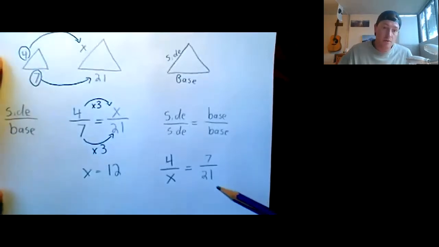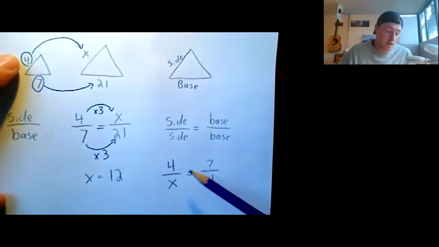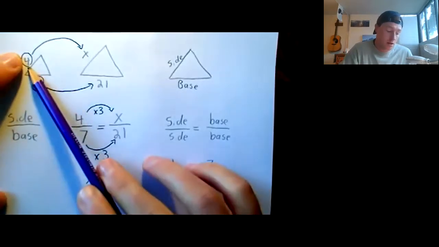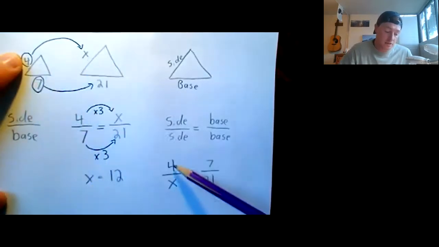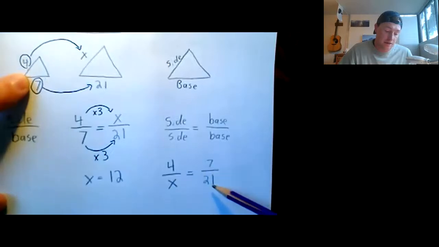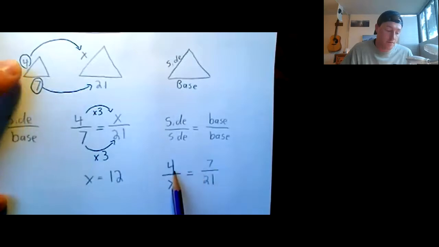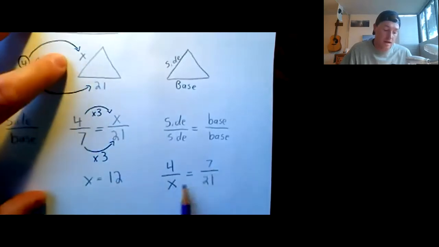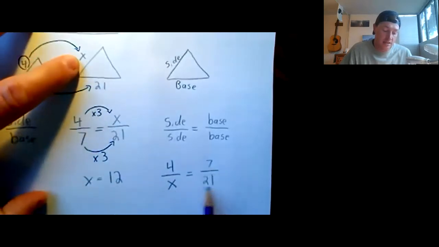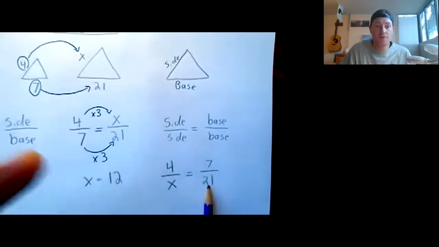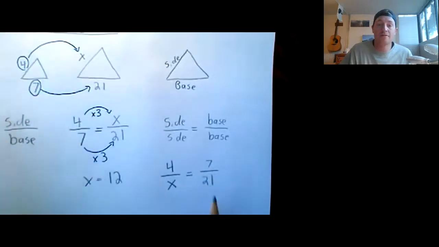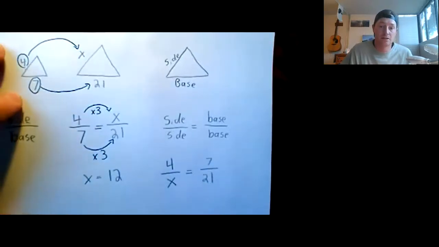So just to make sure that we're on the same page here, I've got 4 to x, those are my sides, 7 to 21. What I'm looking for here is that the numerators are my first triangle, 4 and 7, and my denominators are x and 21. Now you could flip the order if you wanted to, but you just have to keep it all consistent.